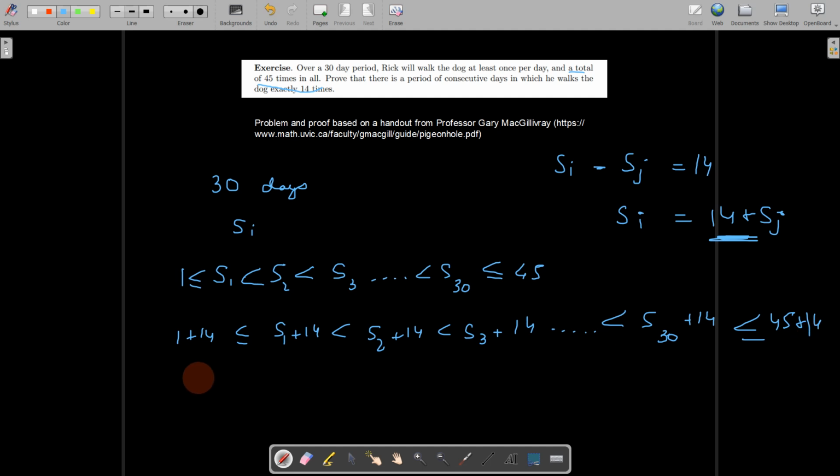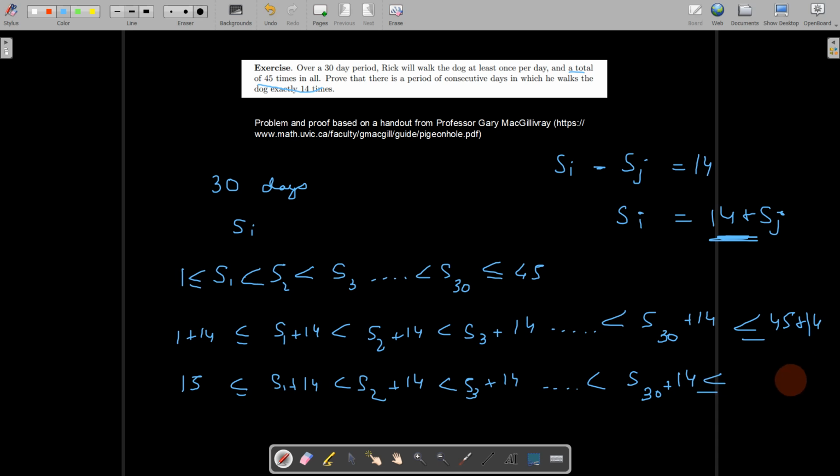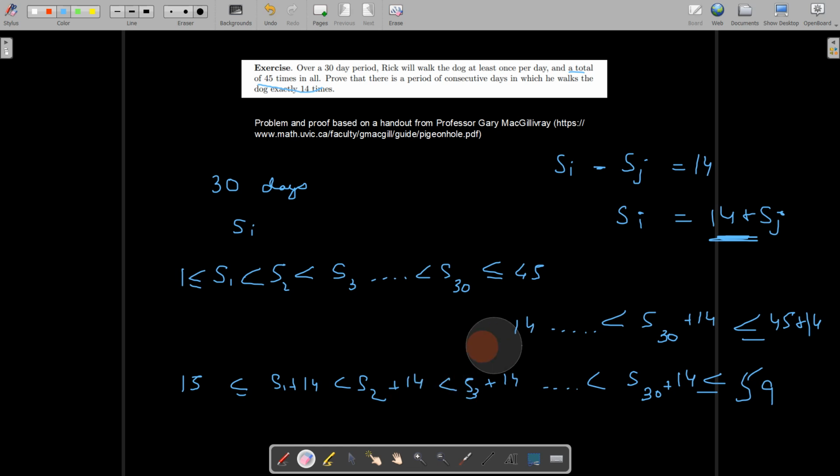So it will be 15 less than or equal to S1 plus 14, less than S2 plus 14, less than S3 plus 14, less than S30 plus 14, less than or equal to 59. This part is not required, so I will erase it.